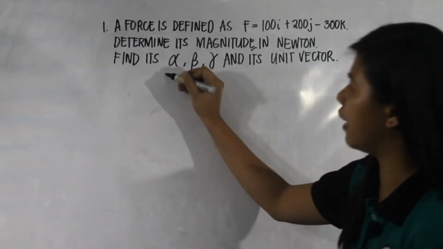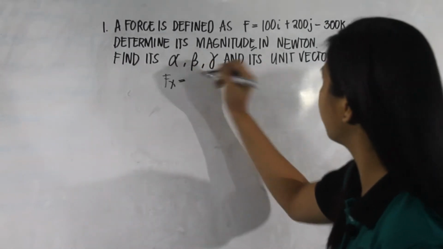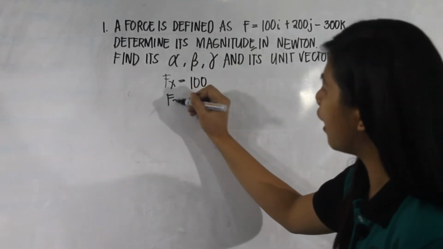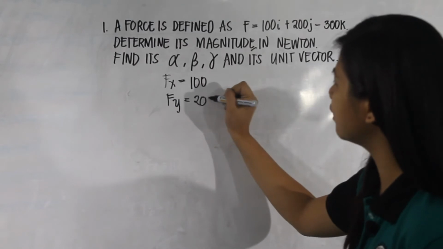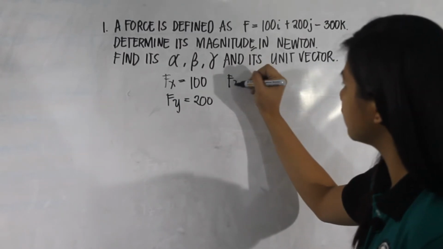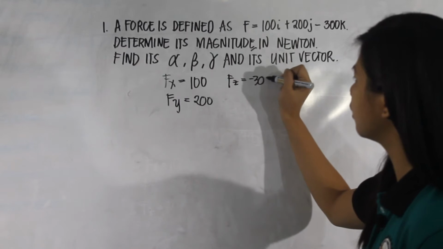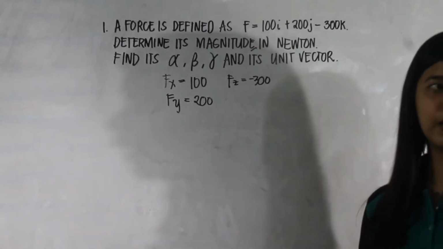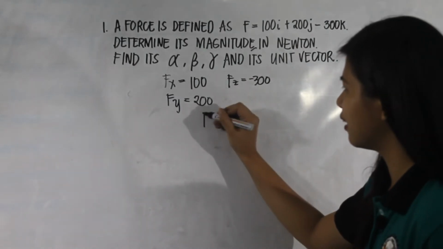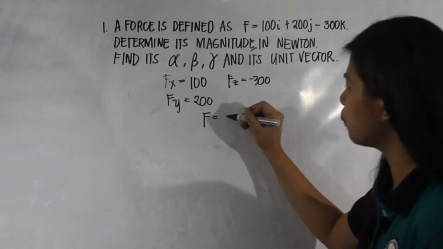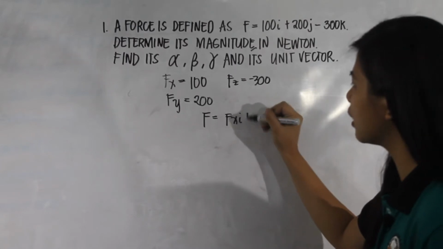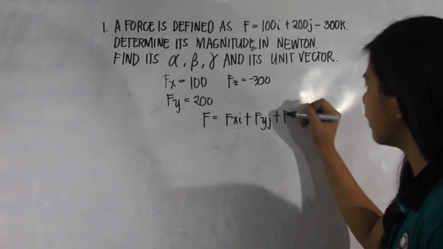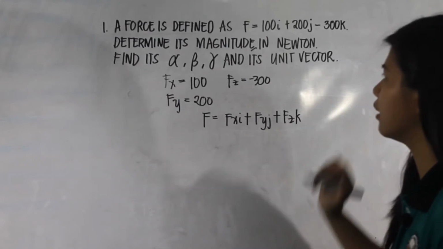So we have our Fx is equals to 100. Our Fy will be 200. And our Fz is equals to negative 300. So, in finding the magnitude, we will be using our F is equals to Fxi plus Fyj plus Fzk.